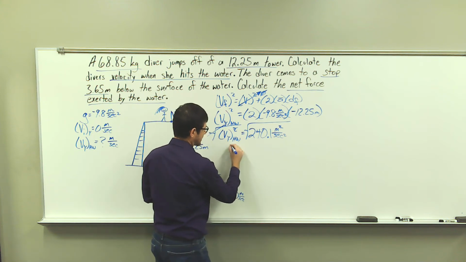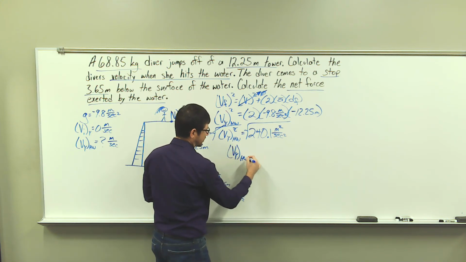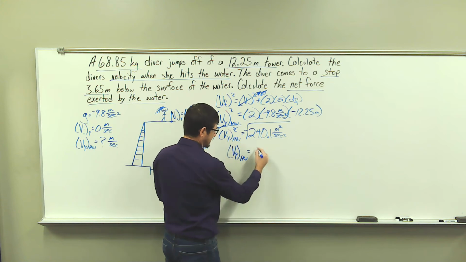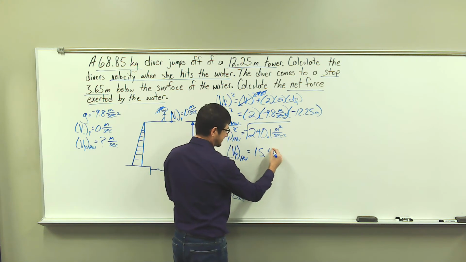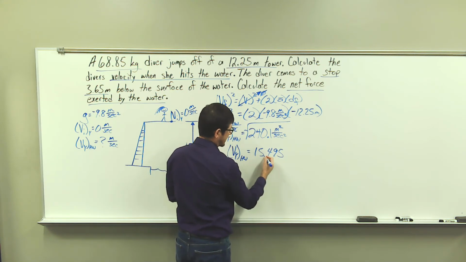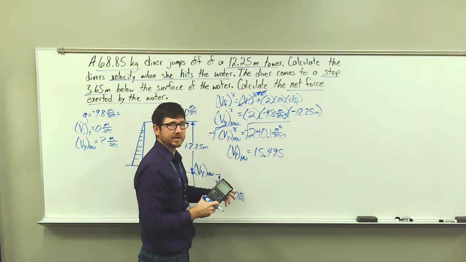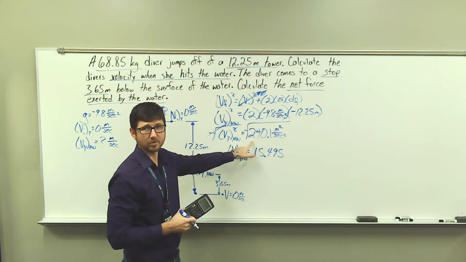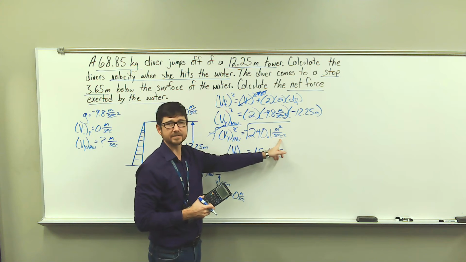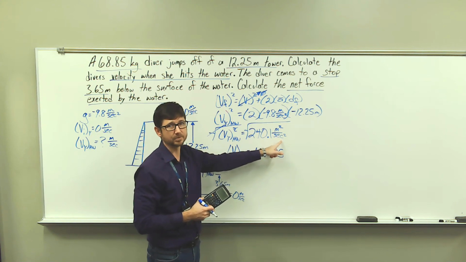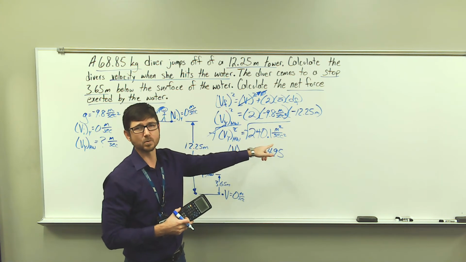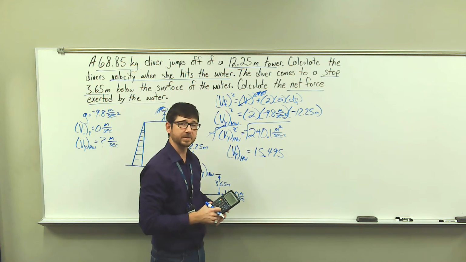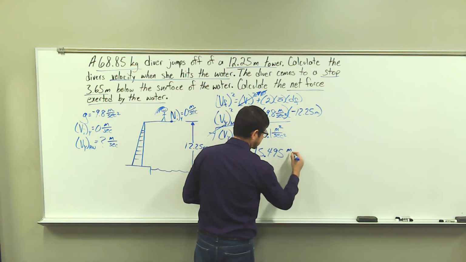So the velocity in the y direction when the diver hits the water is equal to 15.495. Now, not only are we taking the square root of the numerical value, we are also taking the square root of the unit value. So the square root of meters squared per second squared is going to be meters per second.